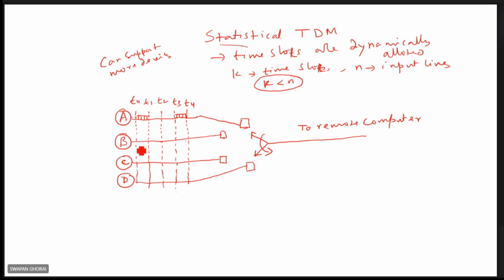Now B has data to send in this period and also in this period. C is transmitting data in this period and in this period, and D is transmitting data in this period.